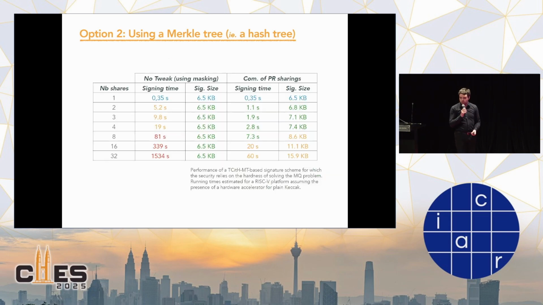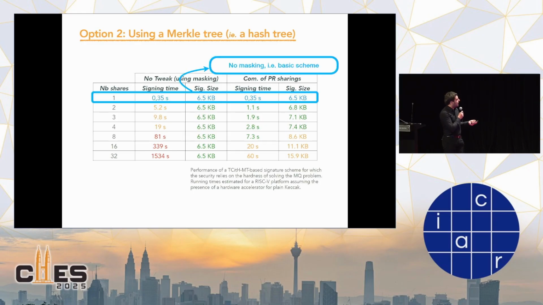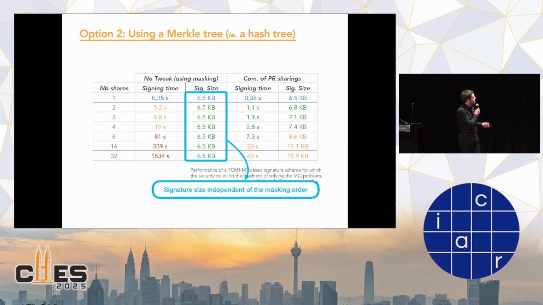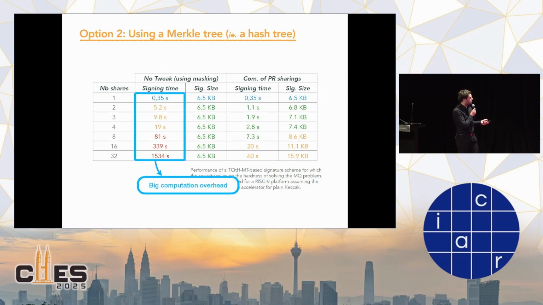Let's give some numbers to compare with the previous method. As I said, with Merkle tree, we have a signature size a bit larger than with GGM3. But without the tweak, the masking, the signature size is the same. It's independent of the masking order.